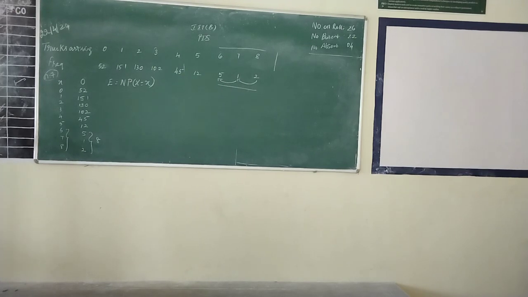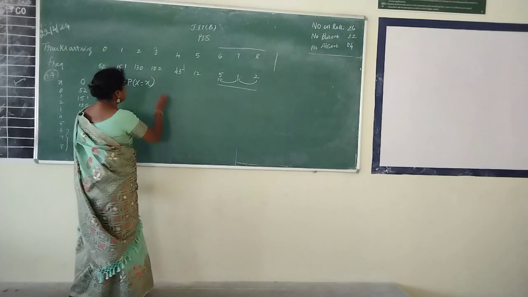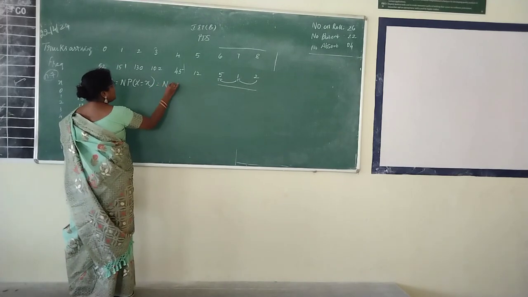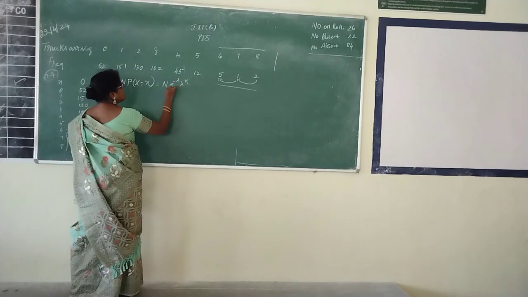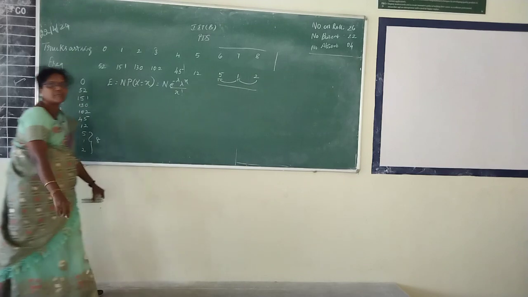N into probability of capital X equal to small x, where n is the total frequency. P here is to be substituted with the corresponding distribution. Which distribution are you going to use here? Poisson distribution. Poisson means capital N into e power minus lambda, lambda power x by x factorial.